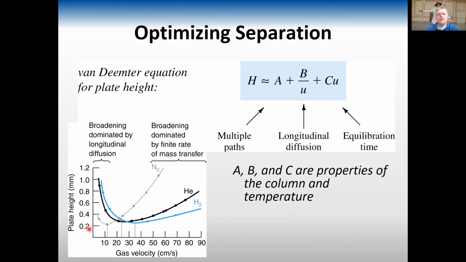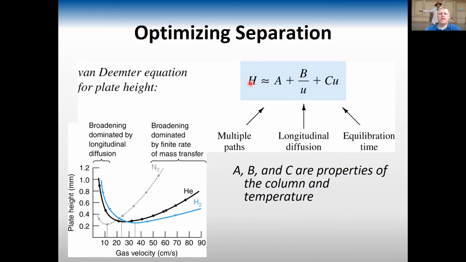So we're basically combining a constant value with an exponential decrease and a linear equation. When you're below this inflection point down here, the flow rate is being controlled by longitudinal diffusion, but if you increase the flow rate enough, longitudinal diffusion stops being an issue. But then we get into this regime where the plate height is predominantly controlled by equilibration.